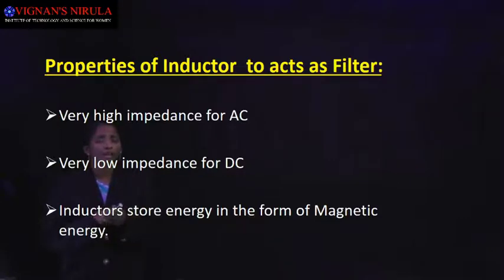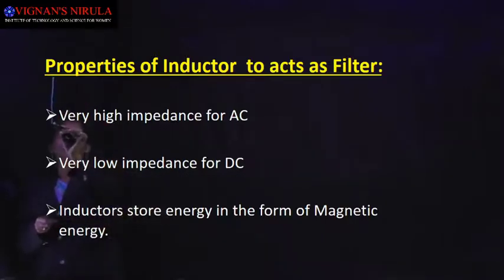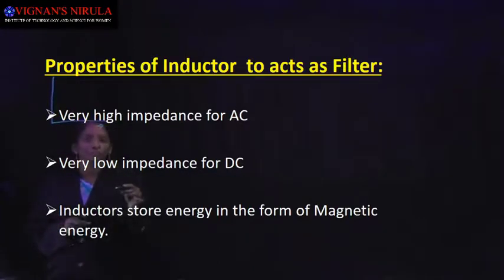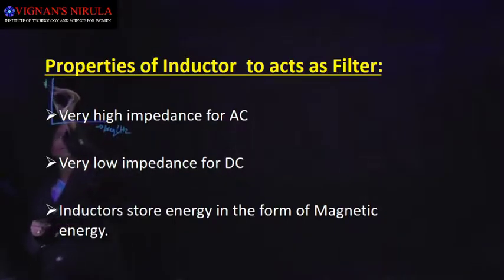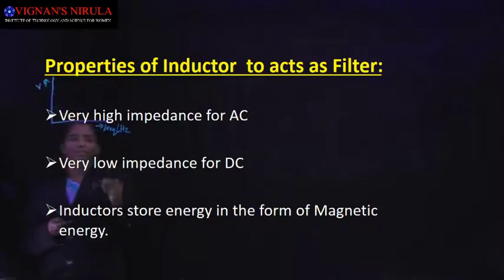Before seeing the inductor filter, we see the frequency band diagram for a filter circuit. Here we are taking frequency in hertz on the x-axis, and voltage or current on the y-axis, whatever you want.